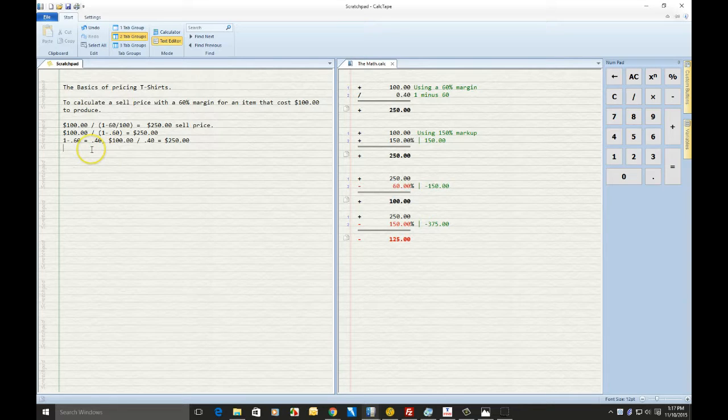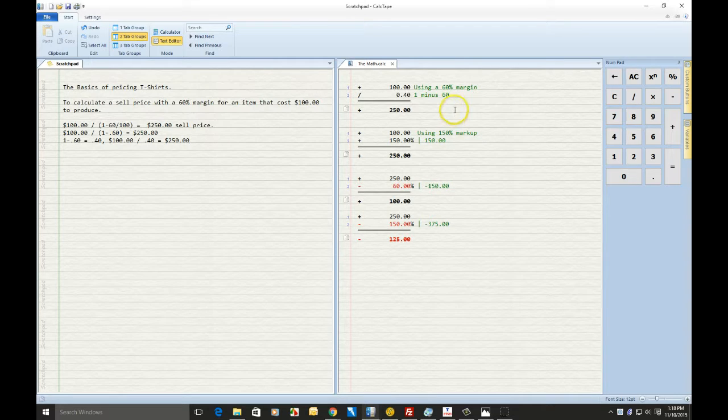So 60%, which is 0.60, from 1 is 0.40. So we've now taken this down to a very simple calculation of $100 divided by 0.40, and we still get our $250. And you're saying, well, that's fine and dandy, but it still seems like a lot of trouble.